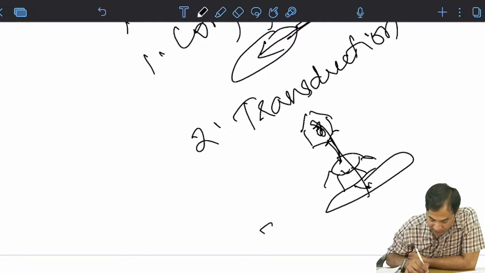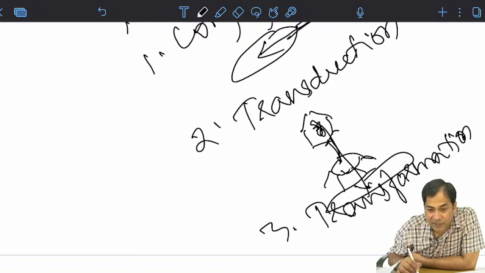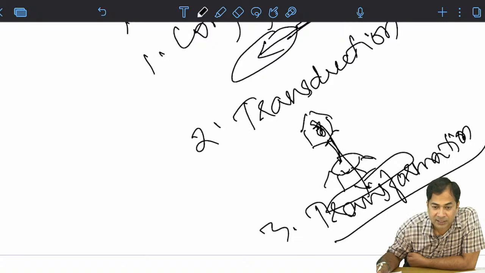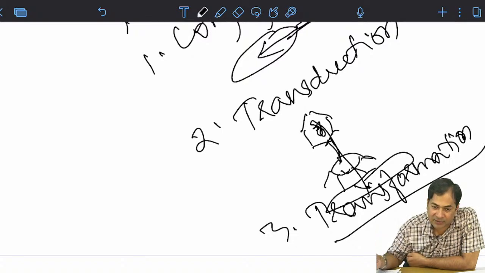Then the third type is transformation. This you know very well because you have learnt Griffith's experiment. Griffith injected bacteria into mice, then checked whether the mice die or survive. So in transformation, the non-virulent bacteria, which doesn't cause disease, caused disease because a gene was transferred from heat killed bacteria to live bacteria.